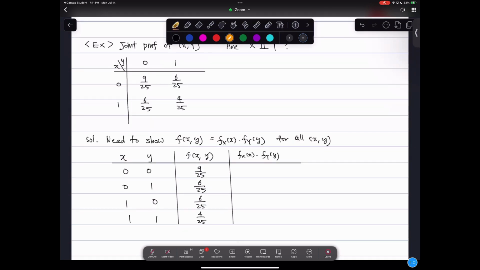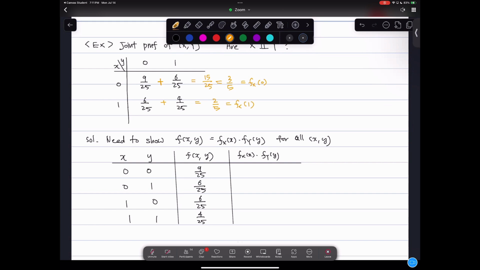Adding these two together, that's 15 over 25, which is 3/5. So this is my f of x of 0. And adding these two will get me 2/5, and this is my f of x of 1. So those are my marginals. And I can do the same for y values.